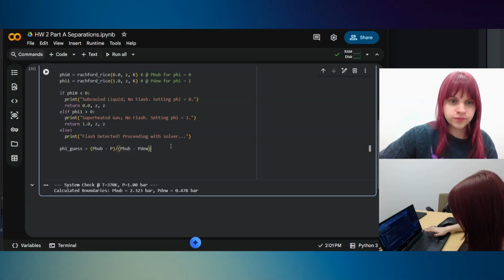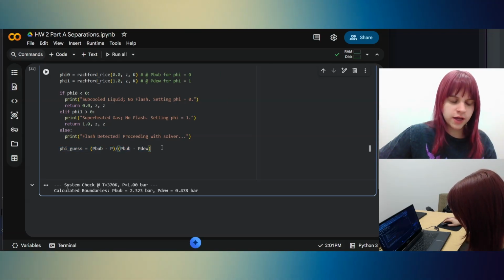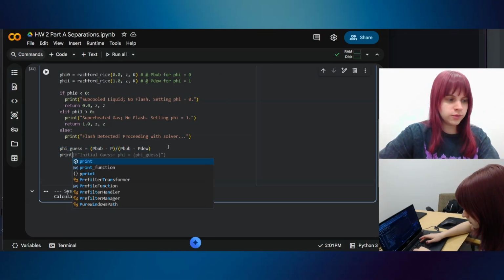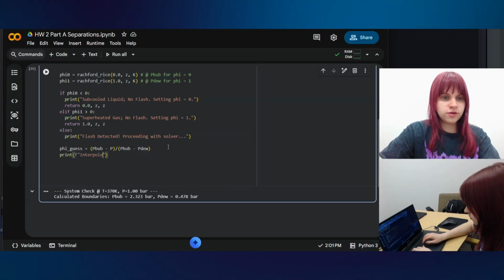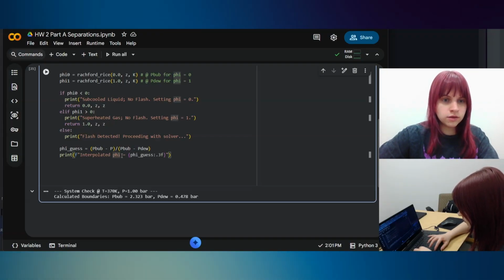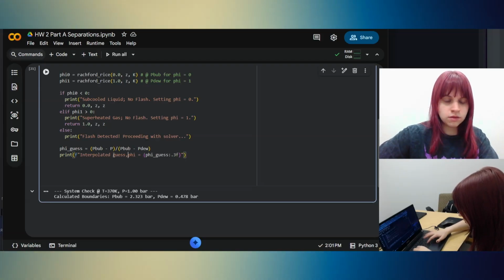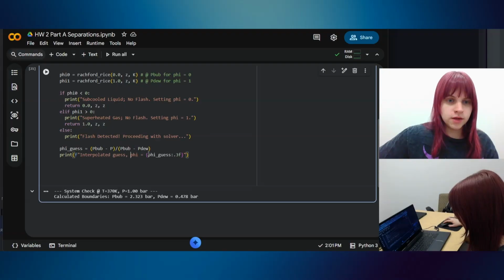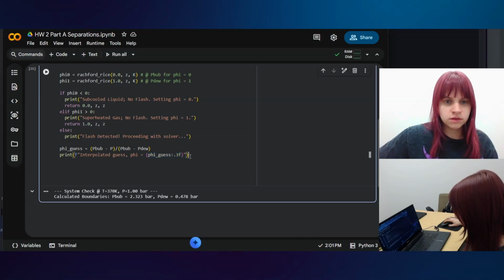Just a guess for what we can start off with for phi. And we can print that for us. So as I said, this is the interpolated guess for phi. And we're going to print out phi guess, and 3 decimal places is fine.